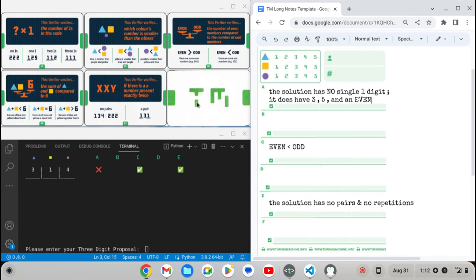Now I did forget to, actually I should have crossed out all of the 1s since we know that there is no 1 in our solution. There are going to be 3s and 5s, and of course either a 2 or a 4.